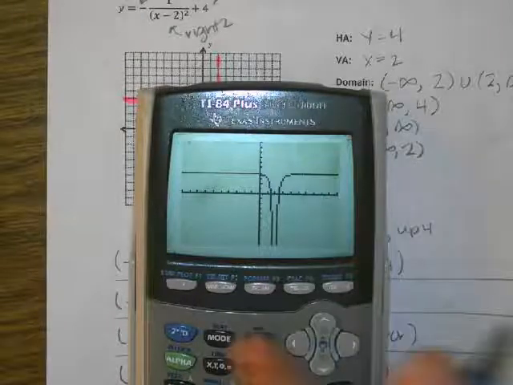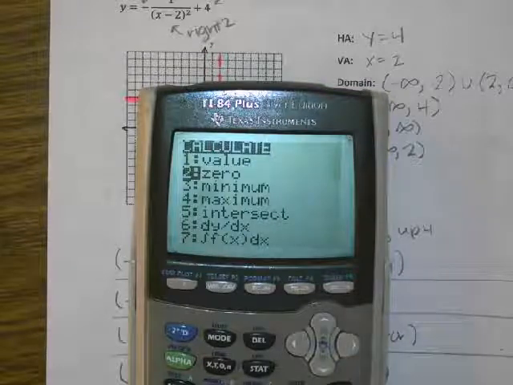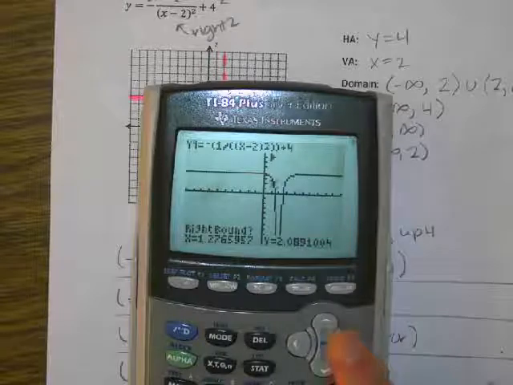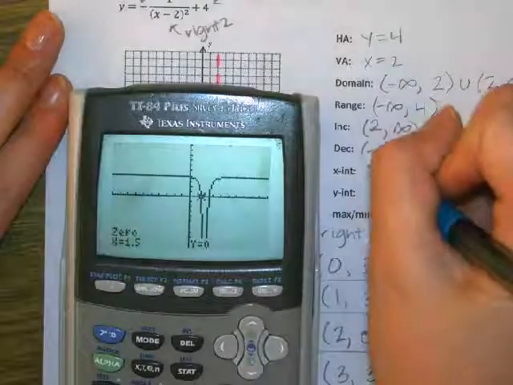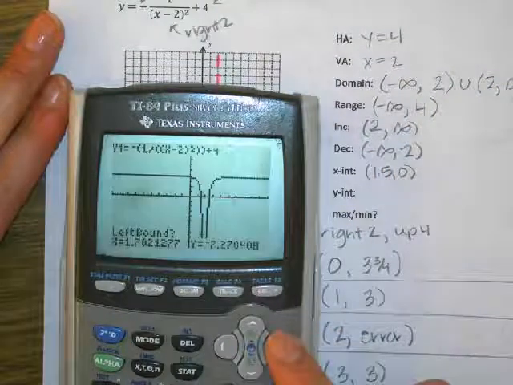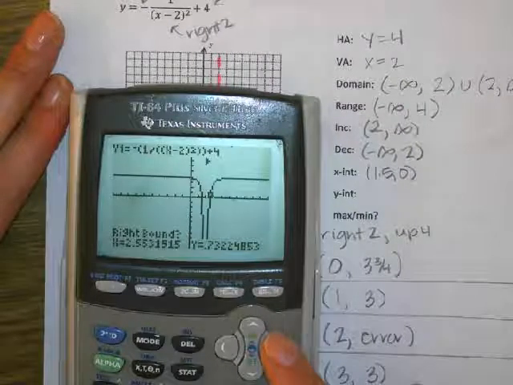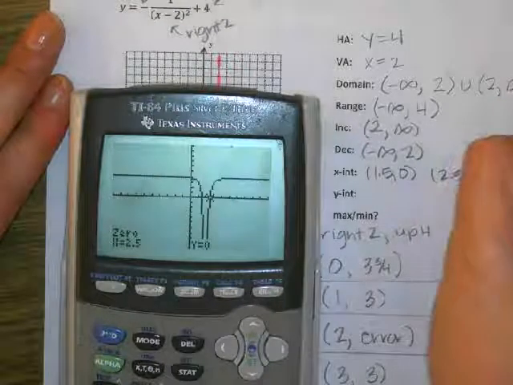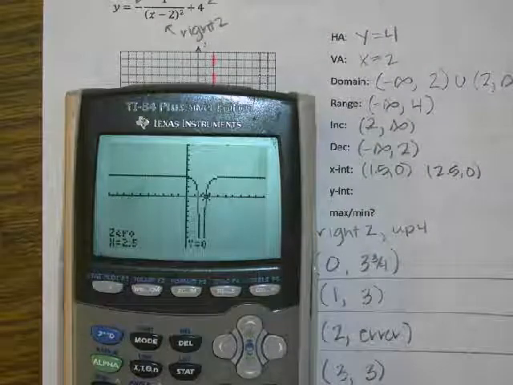All right, so we've got second trace, option number 2. Left bound, right bound. Oh, 1.5. All right. And the y-intercept is?